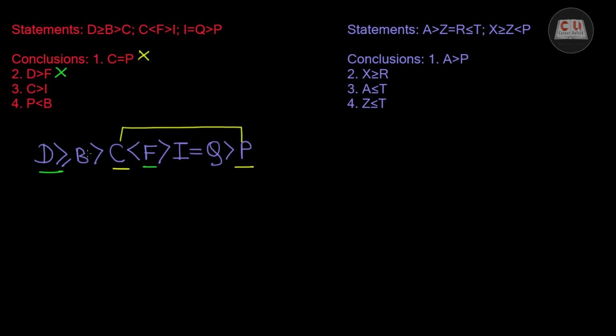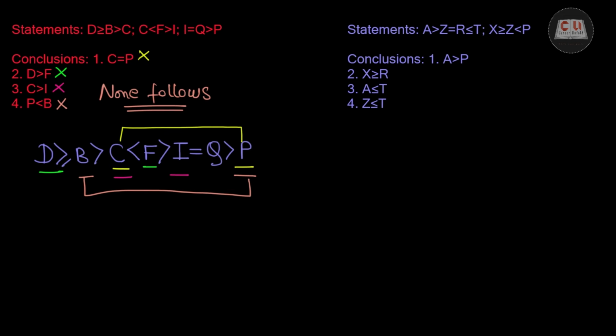Then we have C and I. Opposing symbols, doesn't follow. We have gotten a hat trick so far. And finally P and B. Again opposing symbols, so doesn't follow. So none follows would be the answer for this one.